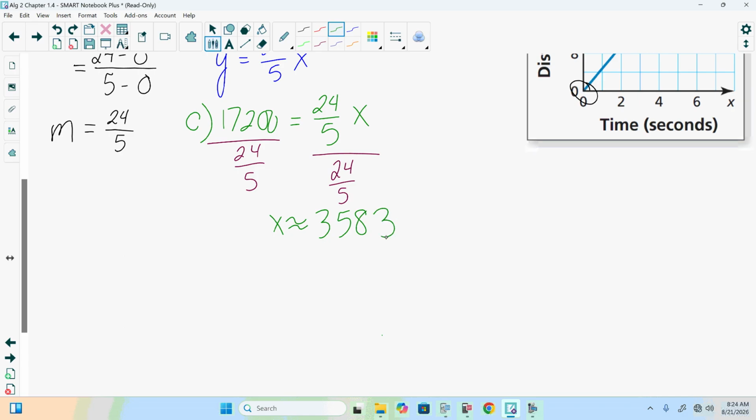What's our units? For it to travel 17,200 miles, it takes 3,583 seconds, approximately an hour.